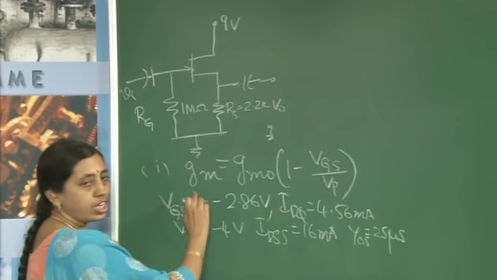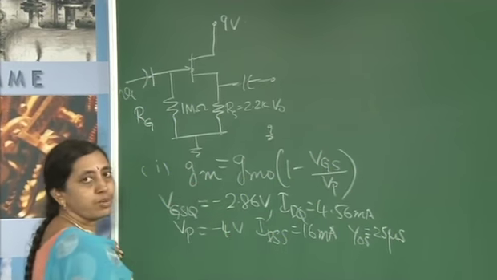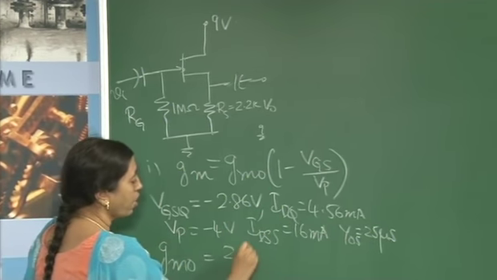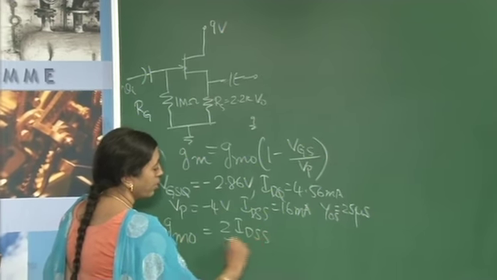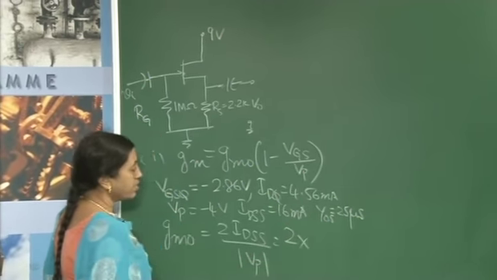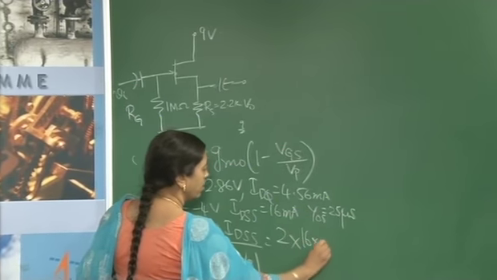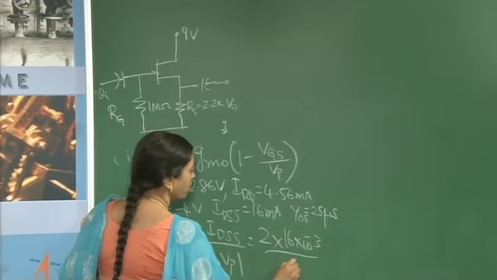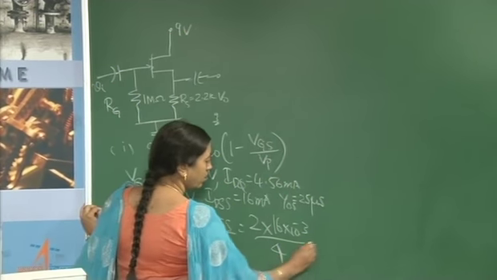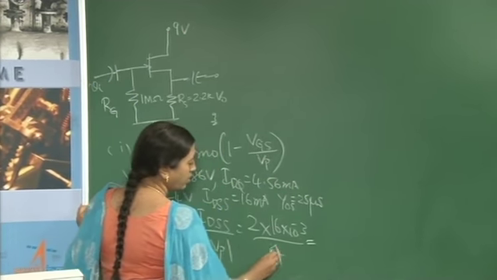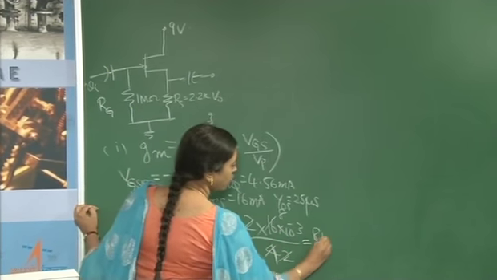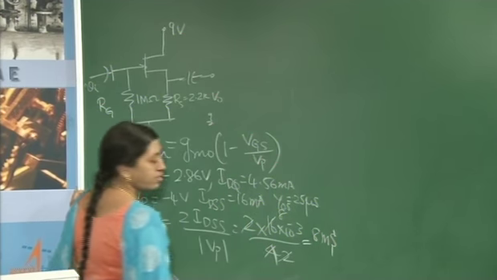Now, to find out gm, first we will be determining gm0. gm0 is given to be 2 IDSS divided by magnitude of Vp. So, 2 times IDSS, 16 milli, divided by Vp, 4. By evaluating this, we find that it is 8 millisiemens.